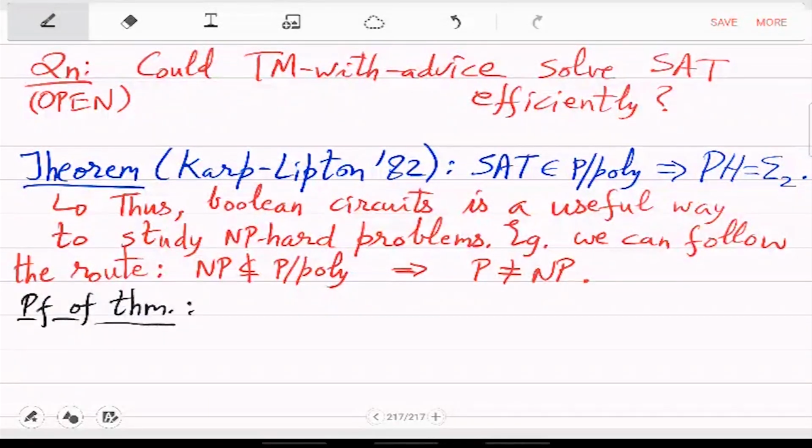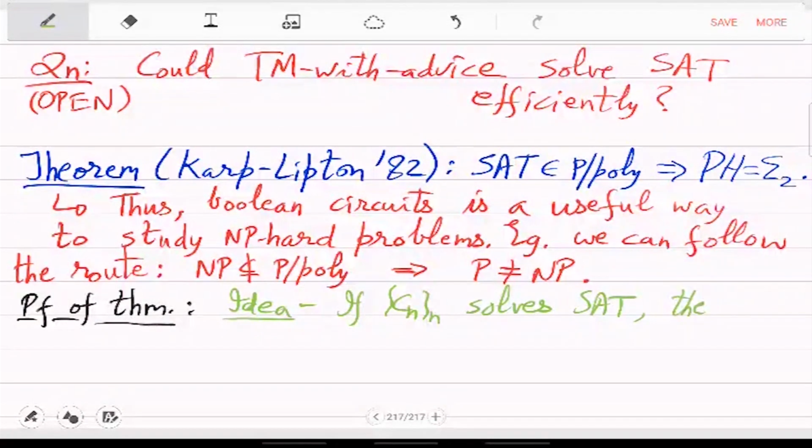So assuming that SAT is in P/poly, the idea is to use the circuits, the SAT circuits. So if Cn solves SAT, then use them to find a satisfying assignment.